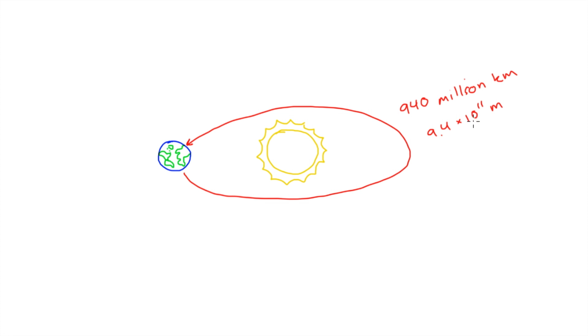So the distance that the Earth traveled as it travels around the Sun is 9.4 times 10 to the 11 meters. But its displacement in 1 year is actually only 0, because it hasn't displaced itself at all. It's in the exact same place that it was 1 year ago. So even though it did all that work to move 940 million kilometers, its displacement is still 0 meters.